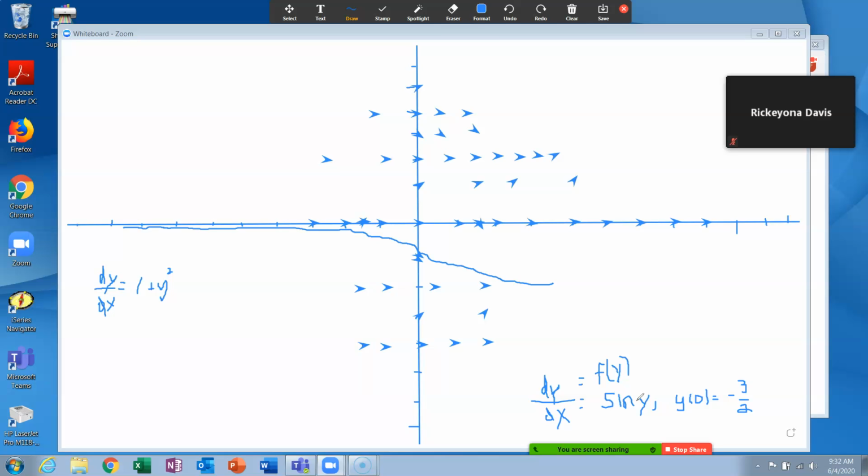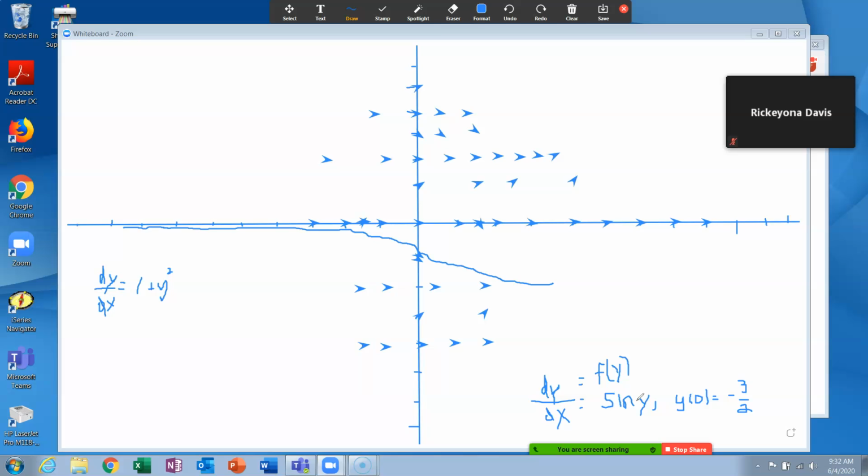Now, if you think back at the end of chapter 1.3, when we looked at several of those applications of differential equations, when you had something like dA dt, this was probably the radioactive decay or rise or something, dA dt is equal to k times A. Okay?